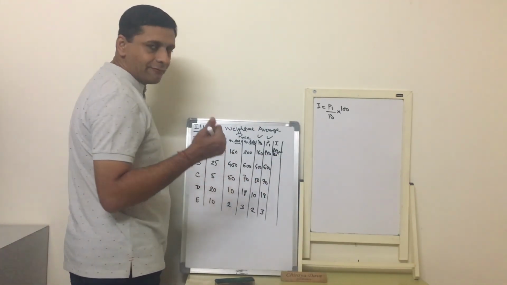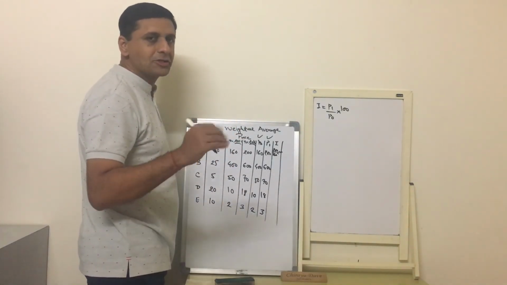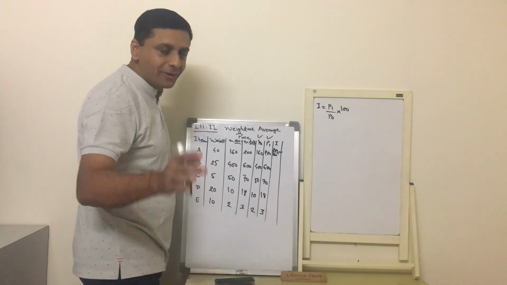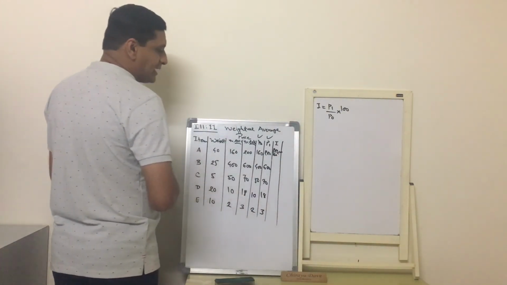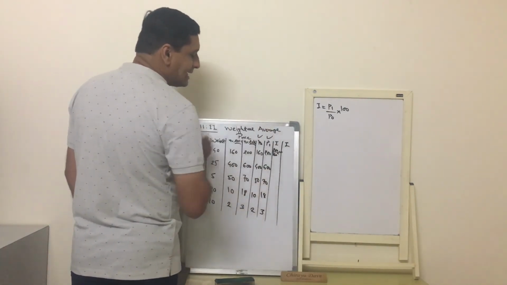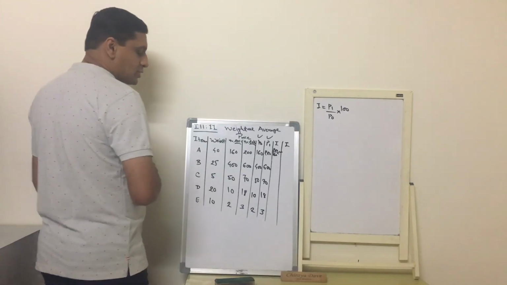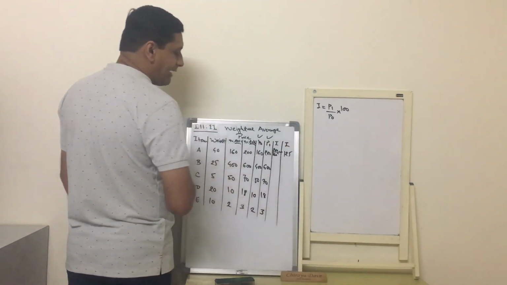You have calculators. Should I not repeat the things, because repetition annoys anyone. So make sure you know this process. 200 into 100, divided by 160. You can easily find out the I in this case. Can you tell me what the I of the first case shall be? You are right, it is 125.